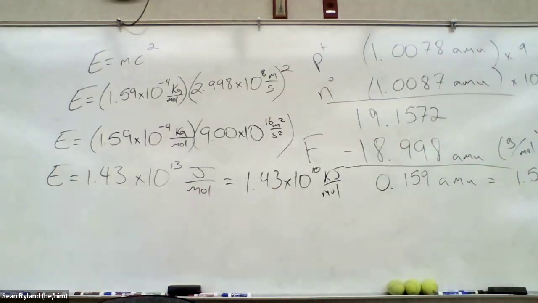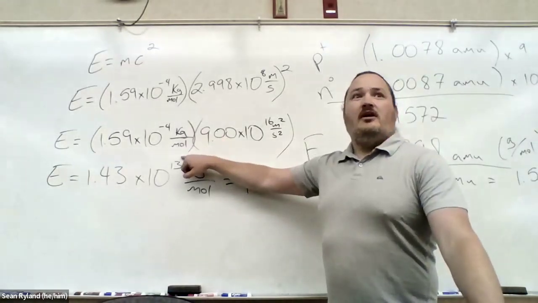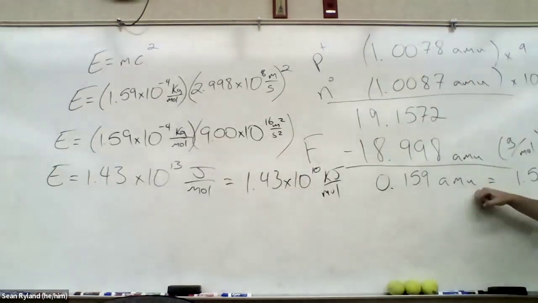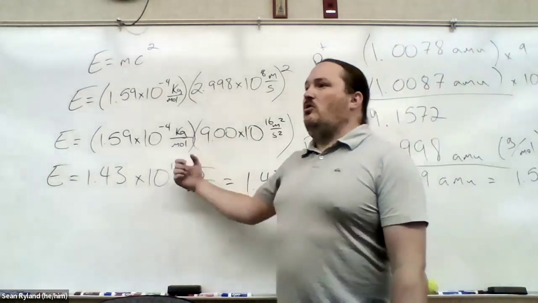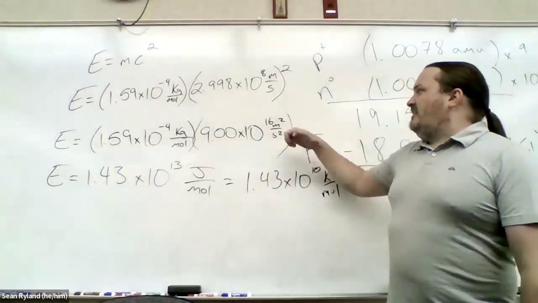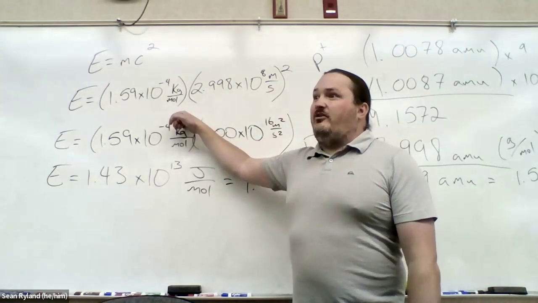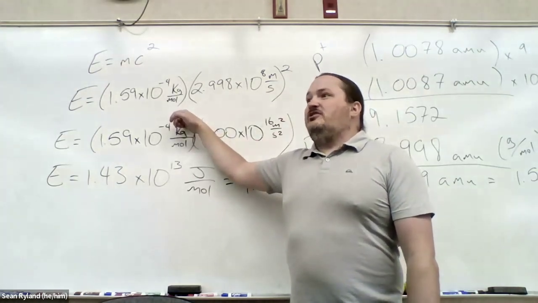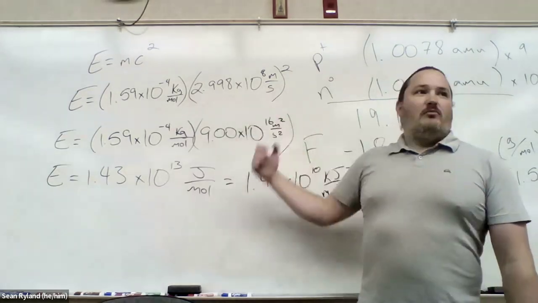In mega electron volts. So if we do this, you notice we did this in kilograms per mole. If we just leave it in AMU and convert AMU to kilograms, we get the amount of binding energy for a single nucleus instead of for a mole of nuclei. And if you do that, when you get meters squared over second squared times kilograms, you'll get joules for a single nucleus instead of joules per mole of nucleus.